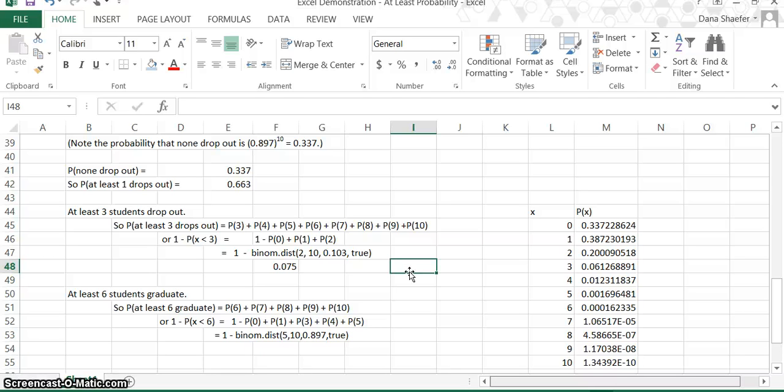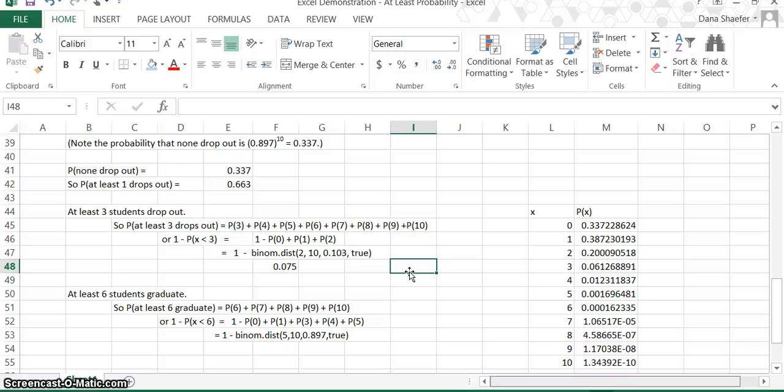So I would take the probability of 6 graduating, 7, 8, 9, and 10 graduating. I could do the binomial distribution and just do the point distribution for those 5 numbers and add them together, and that would be the probability of at least 6 graduating.